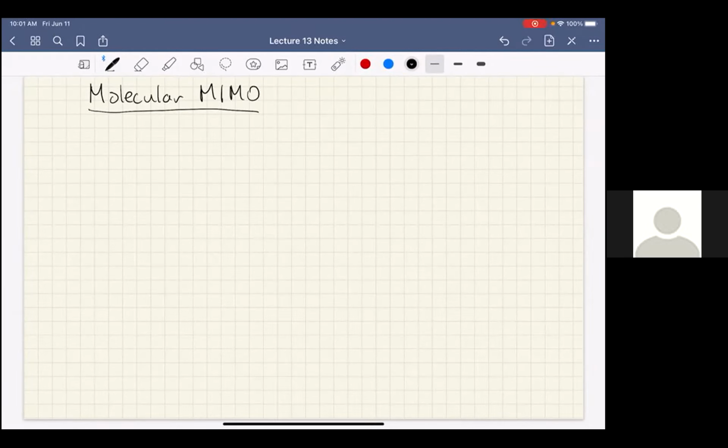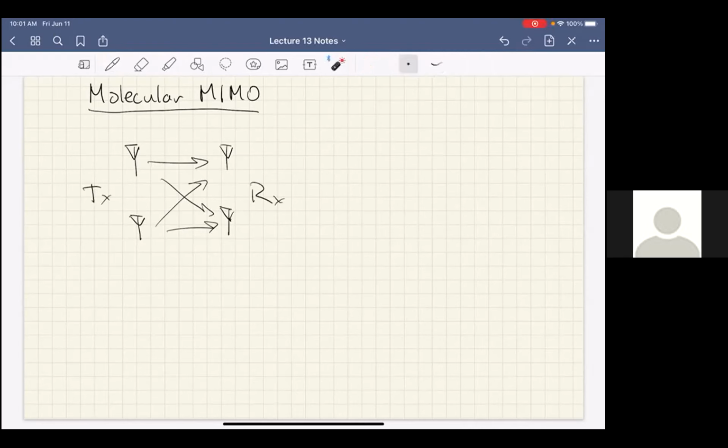So in wireless MIMO, you have multiple transmitting antennas, multiple receiving antennas, and the idea is that at the transmitter, you can apply a different signal to both transmitting antennas, and the receiving antennas receive a combination of the two signals.